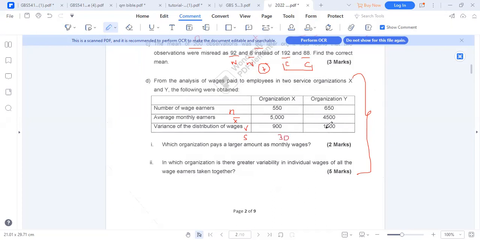What is standard deviation for company Y? 40. All right. Where are you getting those figures? Is it the same one that we calculated? Now the square root gives you a standard deviation. If this is a variance, when you square root it, we get the standard deviation. We just square root this on the calculator to give you this and that.